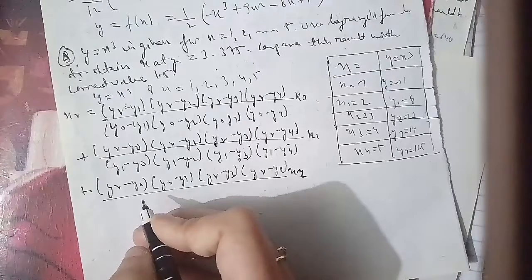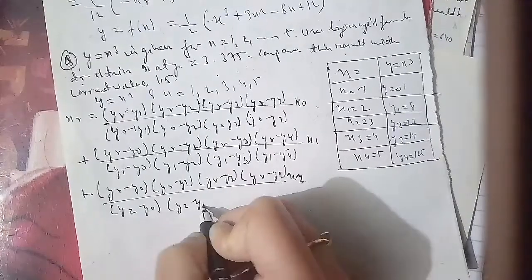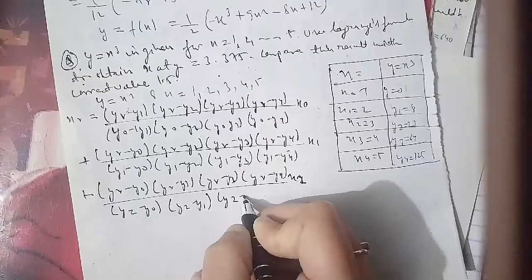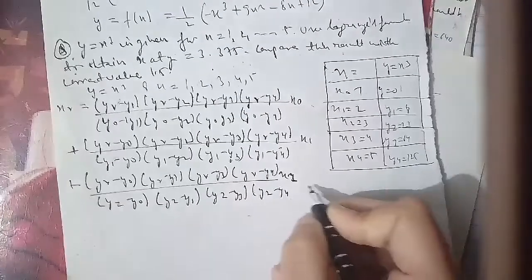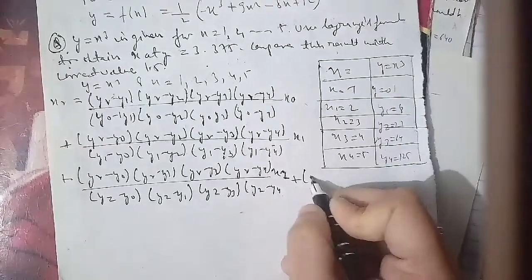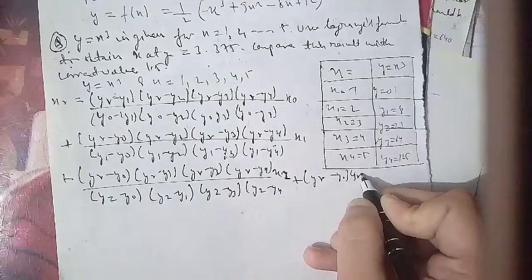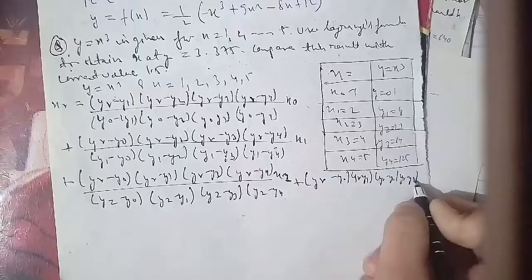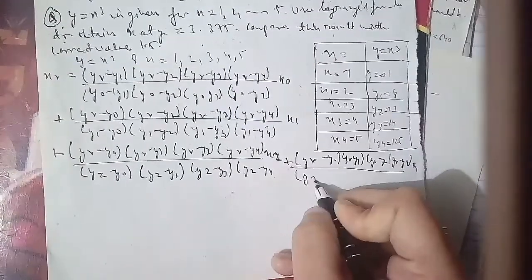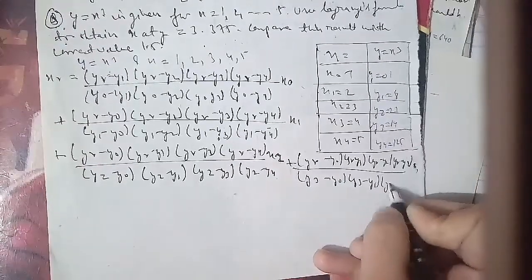That is being multiplied by x3 upon y3 minus y0, y3 minus y1, y3 minus y2, and y3 minus y4, plus yr minus y0, yr minus y1, yr minus y2, and yr minus y3 upon y4 minus y0, y4 minus y1, y4 minus y2, y4 minus y3. That is being x4.